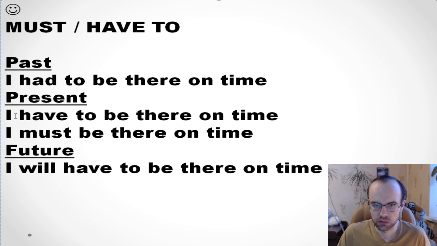Good. If we are talking about the past, not must, only had to. I had to be there on time. And we use will have to for future. I will have to be there on time.